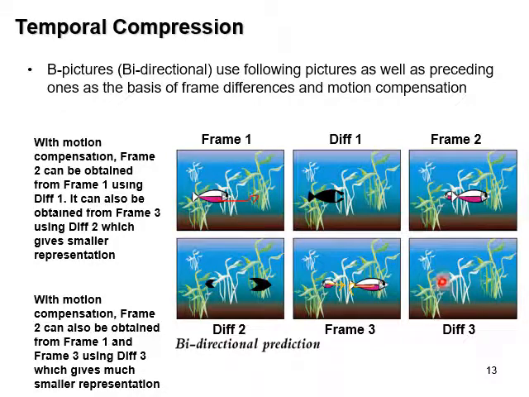Why? Because when this fish is here and this fish is going back, the only part that would be left that you do not have any representation for is the part that was covered in both frames.